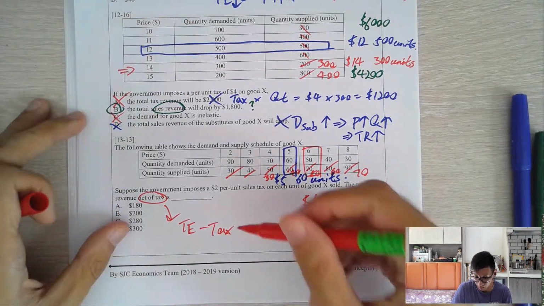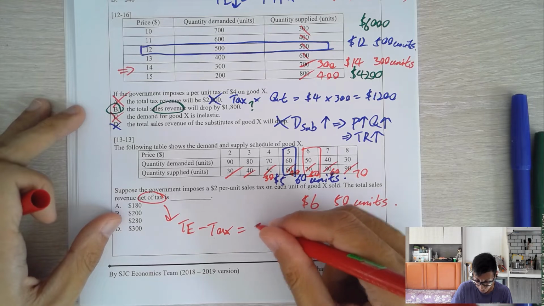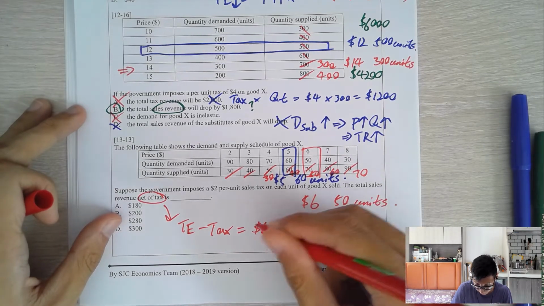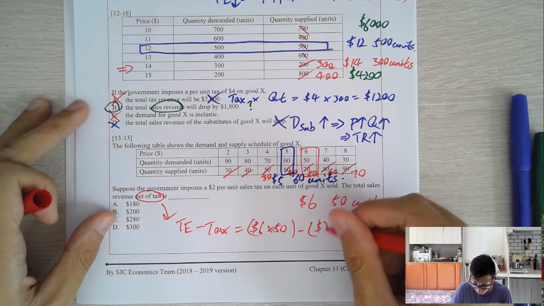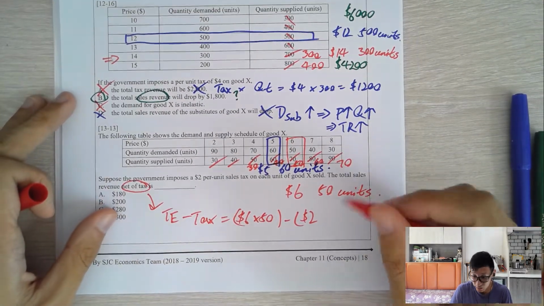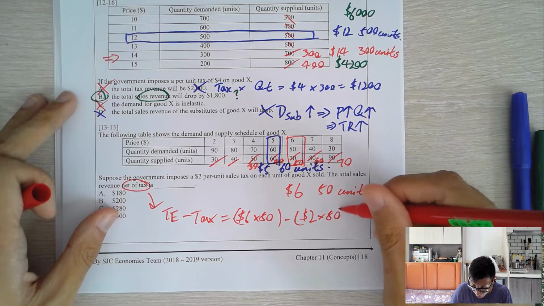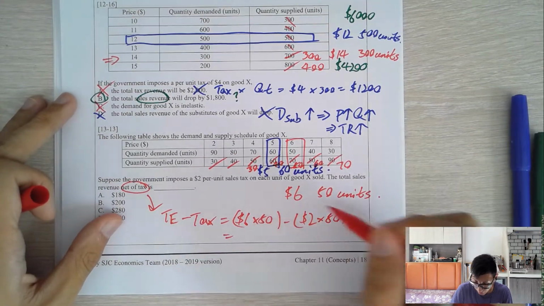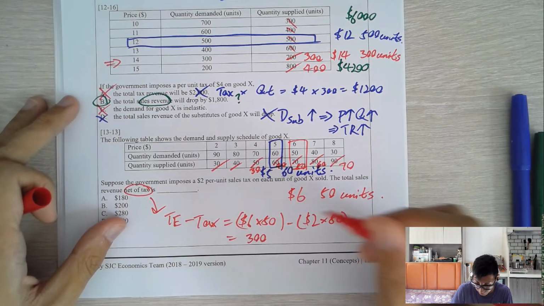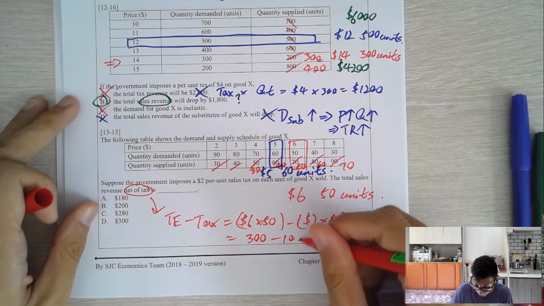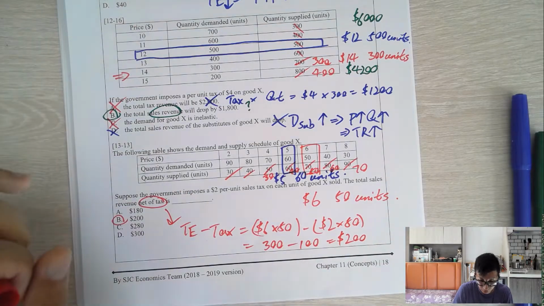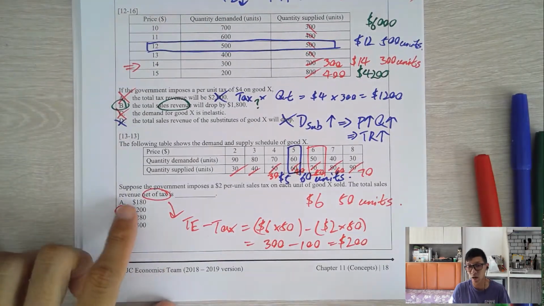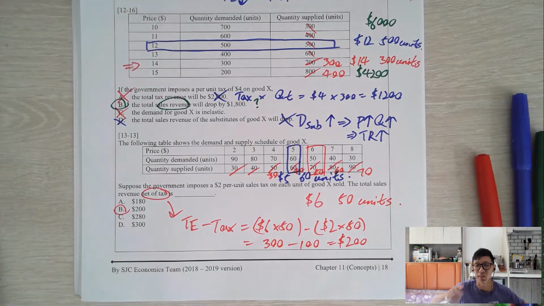We need to subtract this time: 6 times 50 minus the per unit tax of $2 per unit, and we are selling 50 units. So 300 minus 100. The answer will be 200. We will have a total revenue of 200 after tax, net of tax.